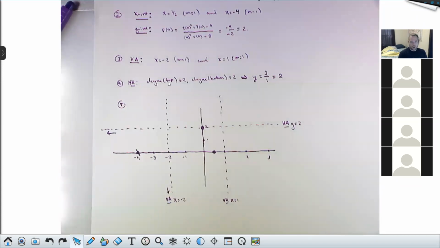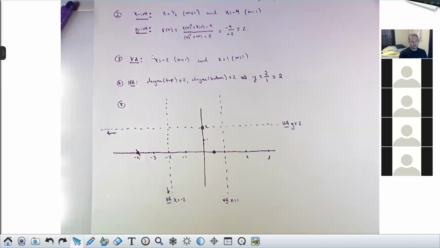Okay, as I hop over this vertical asymptote, am I going to come back like this or like this, and why? So I'm negative on the left side of this VA.